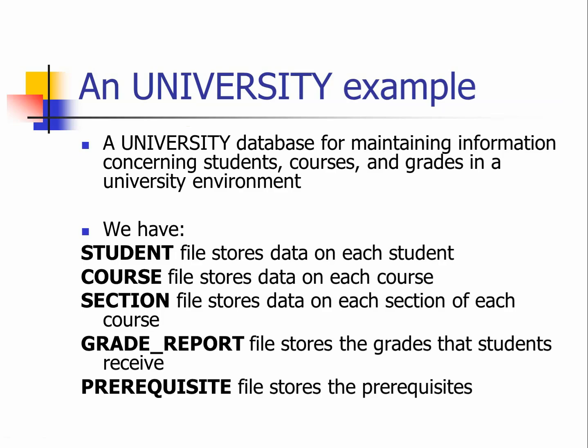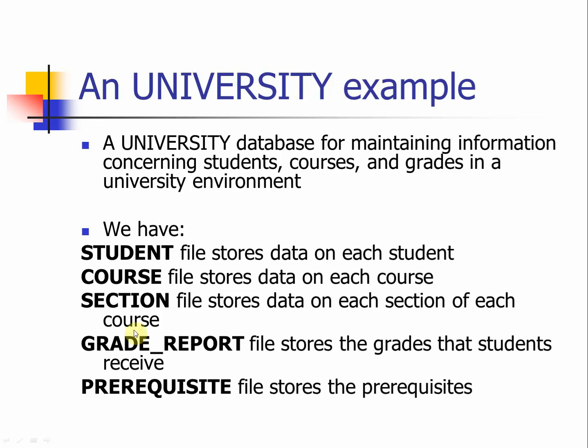Say that we have 5 different tables over here. Starting with the student table, it stores the information about the student. The course table stores data about each course, like CS4320, the database course. Sometimes one course has multiple sections, just like the database class. It has 1, 2, 3, maybe even more different sections associated with the different courses.